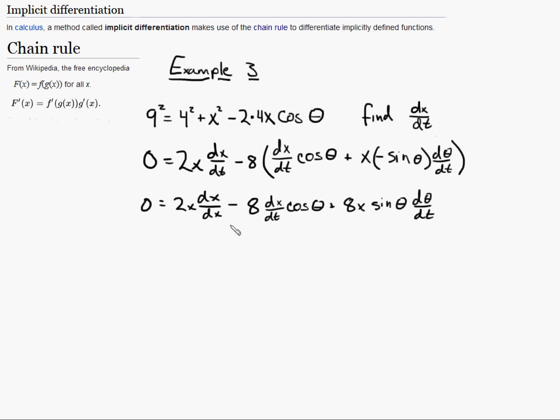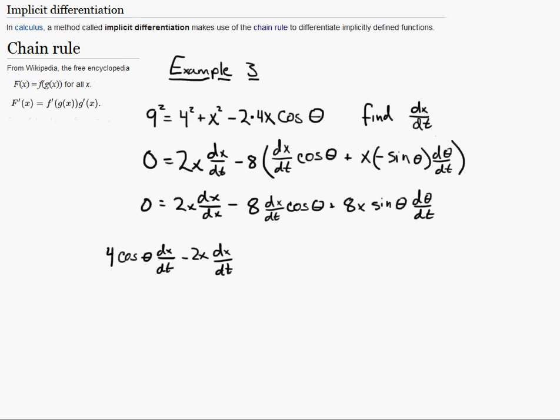Now that I have all these, I'm going to write all my dx/dt's on one side. Starting with this one, I'm going to divide everything by 2 to reduce a little bit. I have 4 cosine theta dx/dt minus 2x dx/dt.